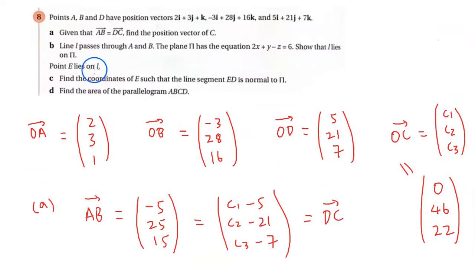Alright, lastly for part D, it says find the area of the parallelogram ABCD. Now just a reminder of what we already know about this parallelogram. So we know that AB is the same vector as DC.